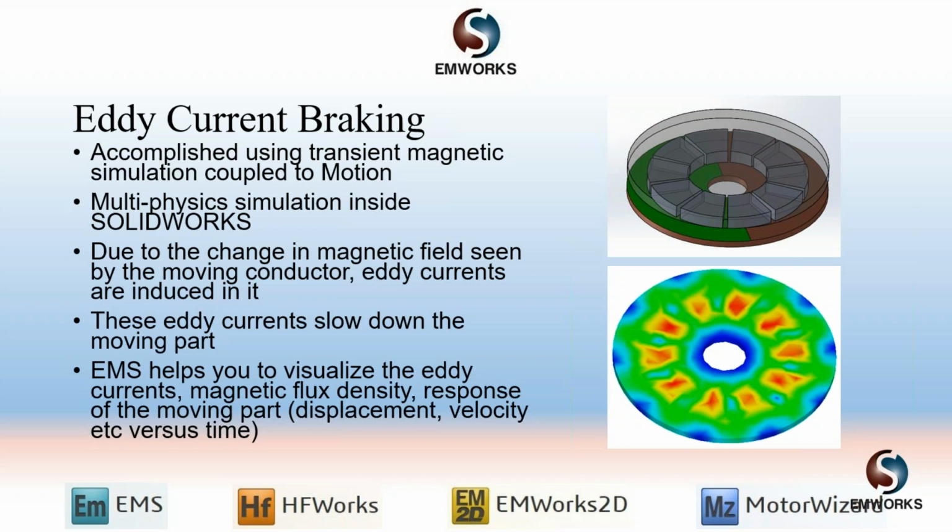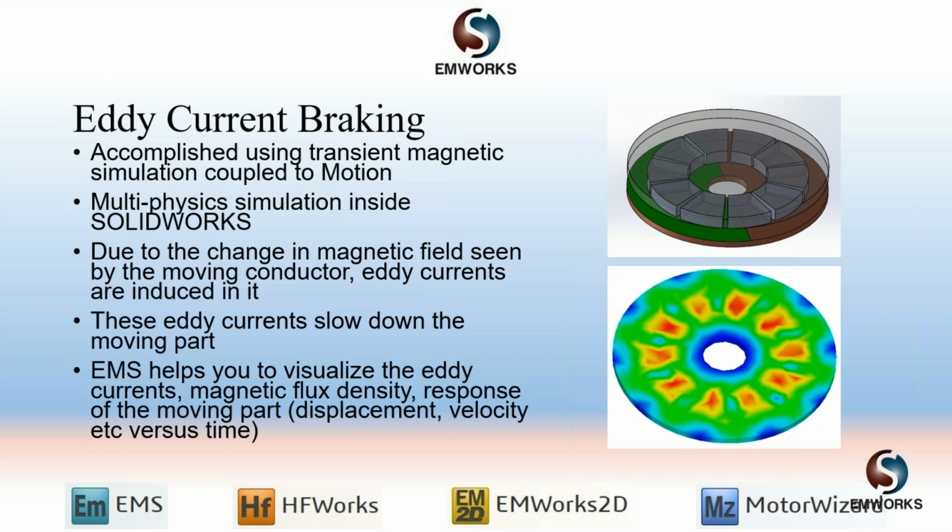Now let us understand briefly how eddy current braking systems in general work. First of all, eddy current braking systems work on conductor materials. If you have conducting materials, the better the conductor, the more effective is the braking system. If you have conductive materials that are moving and you suddenly introduce a magnetic field, then eddy currents are induced in these conducting materials.